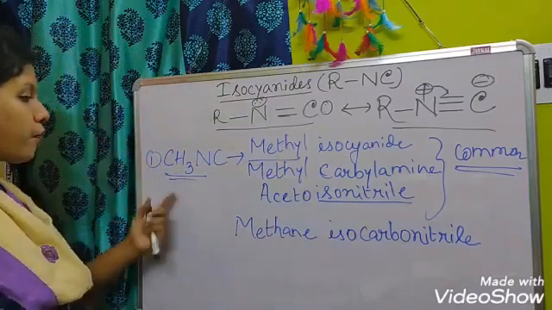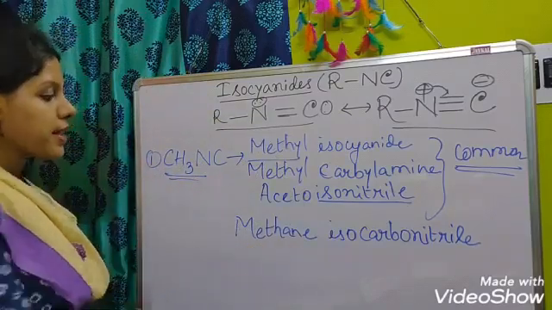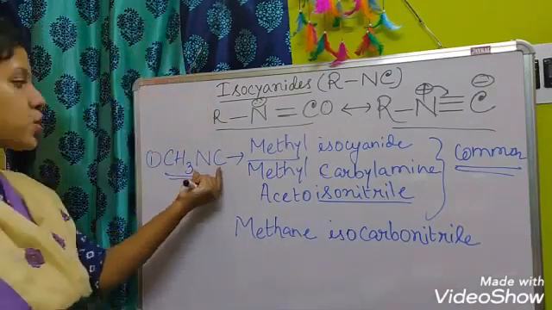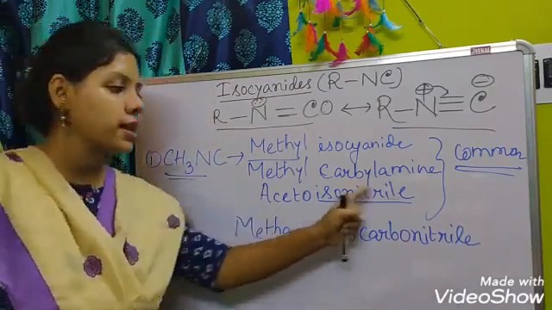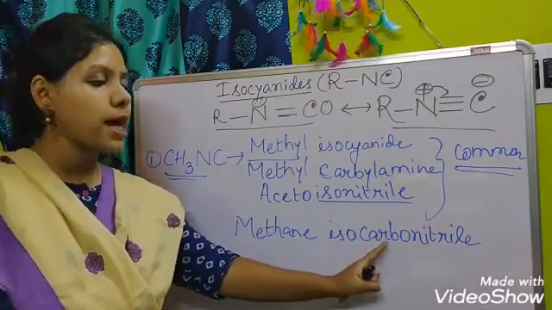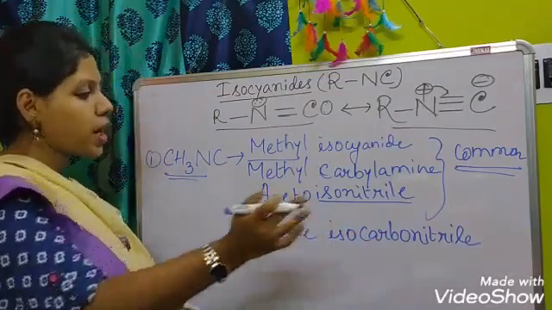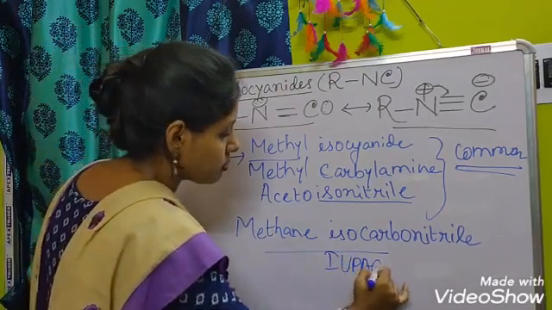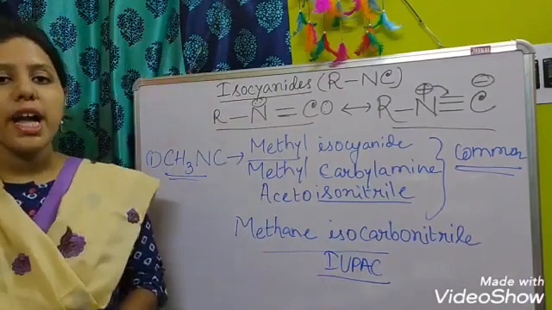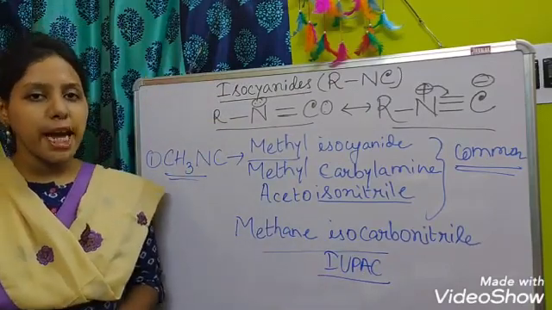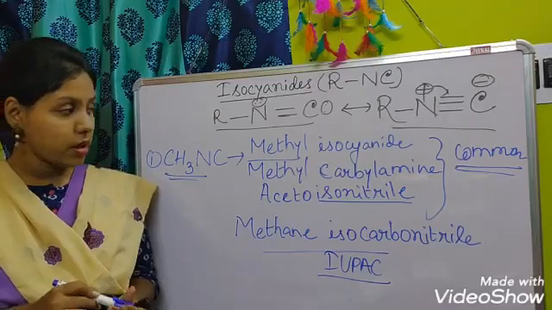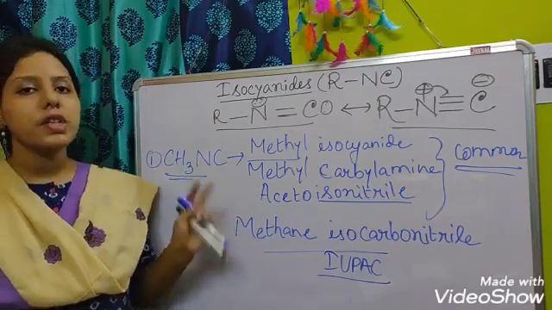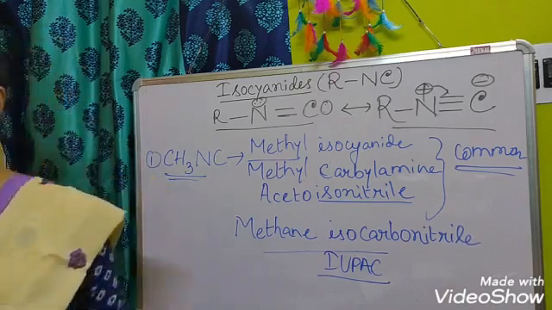Okay, so for one carbon you have to write here methane, then iso, after that carbonitrile, because this total group we are considering in this part, so therefore this is known as carbonitrile. Okay, methane isocarbonitrile. So this is the IUPAC method. So by this way we can also name the other types of isocyanides. Clear? Okay, so now next we will see the preparation methods of this type of isocyanides.